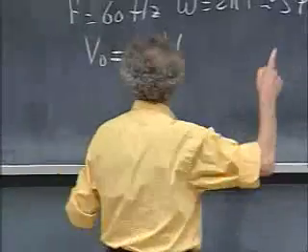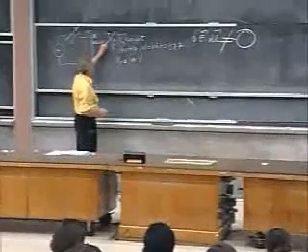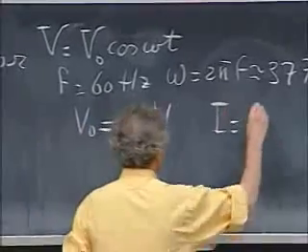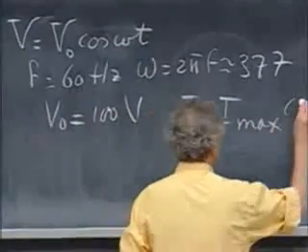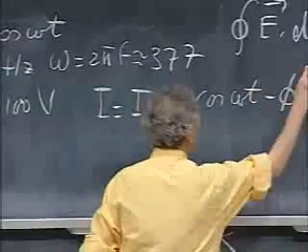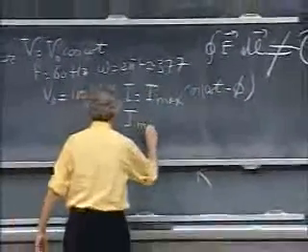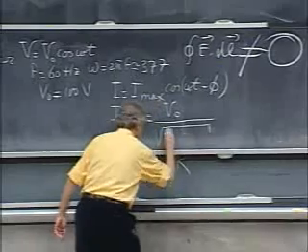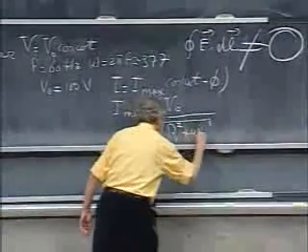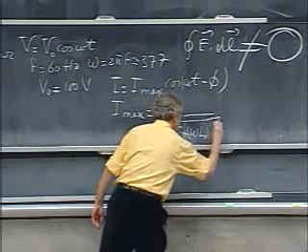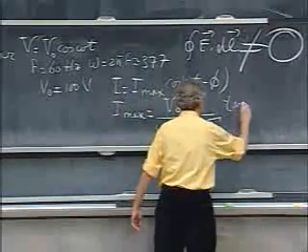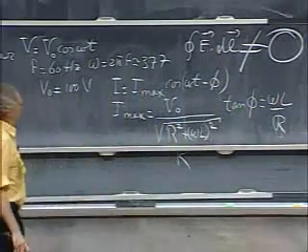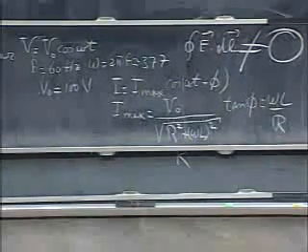The answer then is that the current that is going to flow as a result of this variable voltage, that current I, is a maximum value times the cosine of omega t minus phi, that the maximum current itself is V0 divided by the square root of R squared plus (omega L) squared, and that the tangent of phi is omega L divided by R. I spent quite some time on this during one of my lectures.